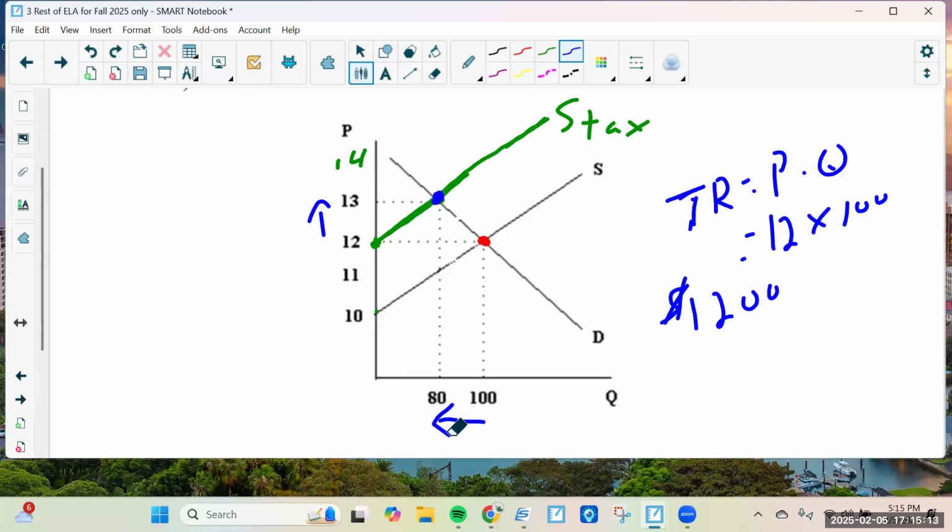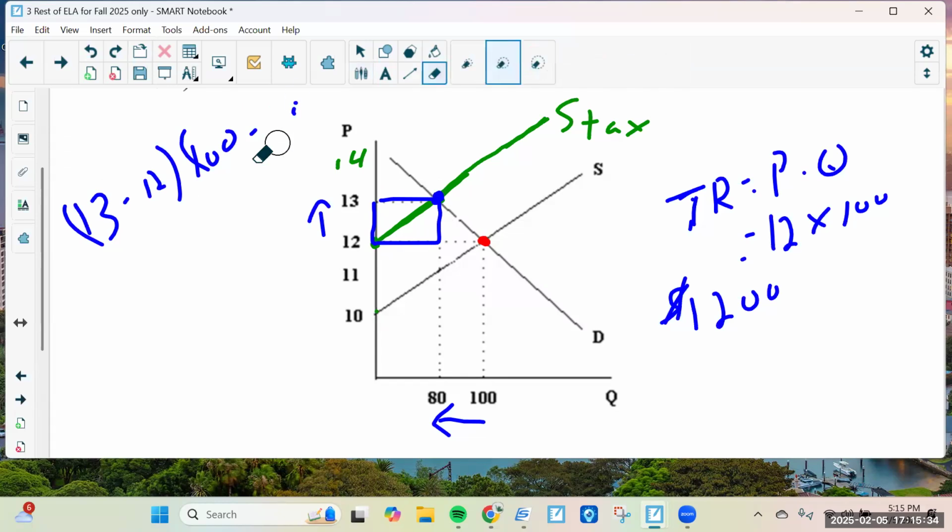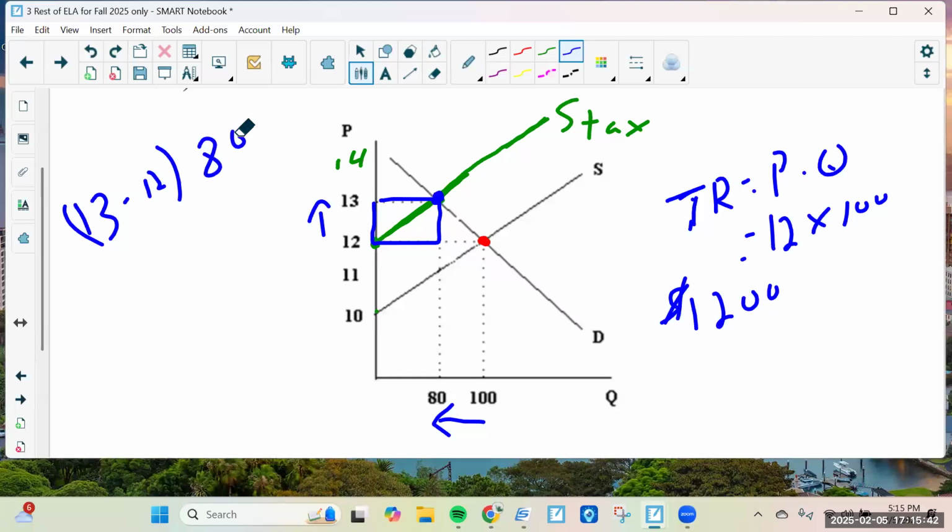So our share of the tax is 13 minus 12 times 80, because we're buying 80 units. So we're paying $80 in taxes. $1 per unit, because the price was 12, now it's 13, and we're buying 80 units.